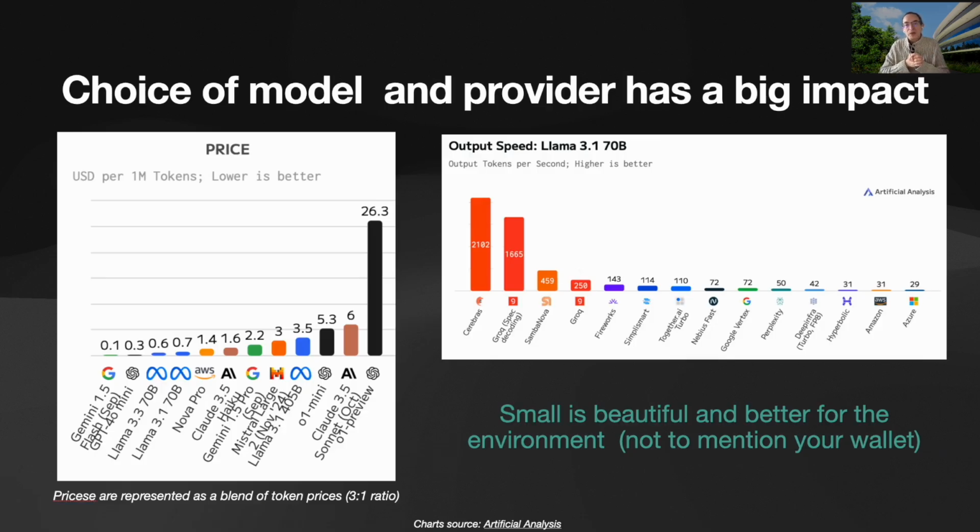And the choice of the model and the provider that you're going to use in your application is really, really important. And we can see in the price chart on the left that there's a significant value difference between the first LLM in the list and the last one. It's over 20 times difference in terms of price.